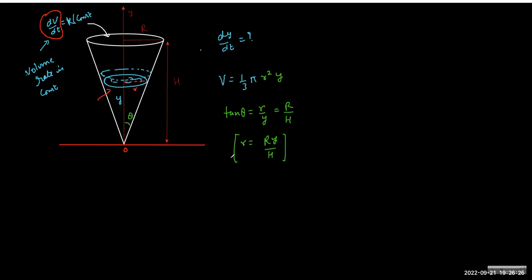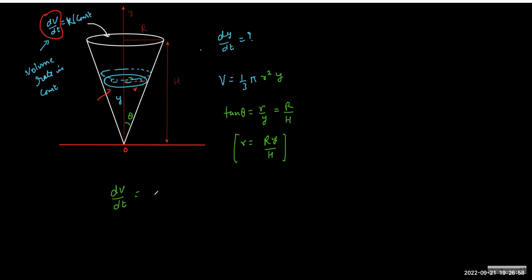Done, sir. So dV by dt turns out to be how much? Tell me, what are you getting, Siddhant?